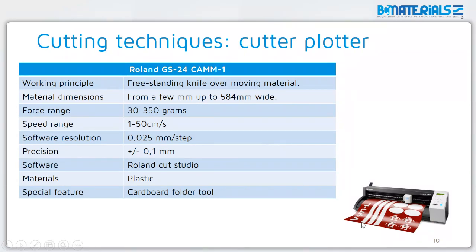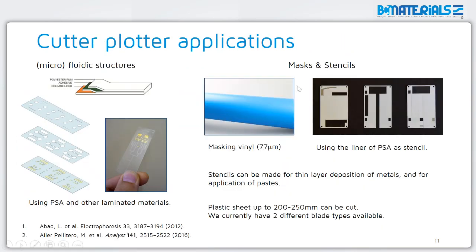What is this machine good for? Originally, it's for cutting vinyls, but we can use it to cut any other laminated material. The things that are of more interest to us are maybe the fabrication of microfluidic structures and making masks and stencils. So in this case, what I'm showing you is the structure of a typical pressure sensitive adhesive.